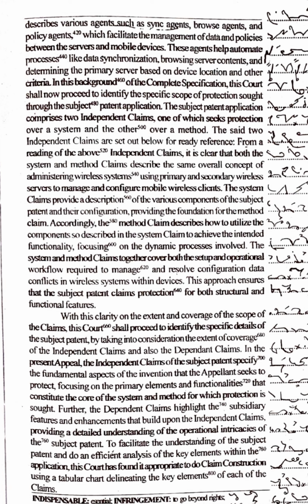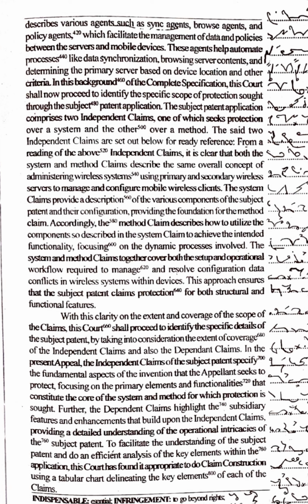In the present appeal, the independent claims of the subject patent specify the fundamental aspects of the invention that the appellant seeks to protect, focusing on the primary elements and functionalities that constitute the core of the system and method for which protection is sought.